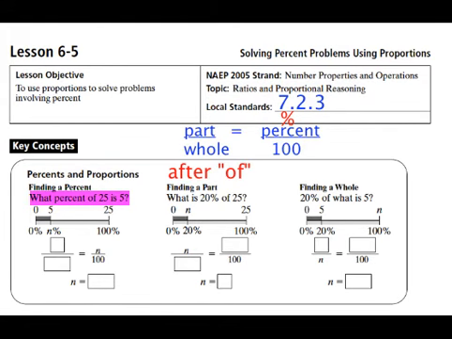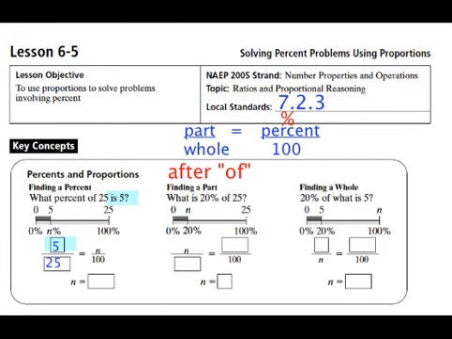What percent of 25 is 5? We know right away that we're trying to find the percent, so that's going to be our variable. In this case, they're always using n. That's fine with me if you want to use that. The whole comes after the word of. In this problem, we have of 25. So we're going to put 25 on the bottom of the first ratio. 5 is our part, so that's going to go on the top.